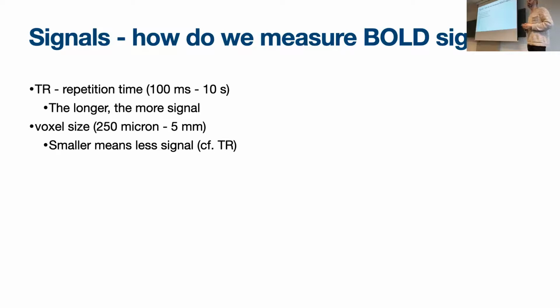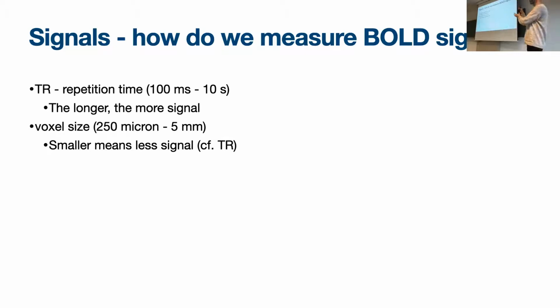Okay? So this also means that you need to really think when you're doing an fMRI experiment. Everything hinges on the choices you make here. Am I going to do 2 millimeter voxels or 1 millimeter voxels? Well, there's an 8-fold difference in terms of the volume. So 1 millimeter voxels are going to be terrible in terms of the signals that you get. Are you willing to pay that price?